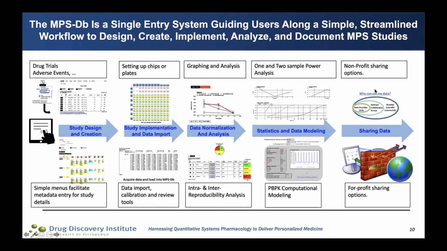And we have two models for sharing data. We have our public database, in which the data providers get to control when and how the data is shared and to whom it's shared. And then we have a version that's targeted for for-profit companies where they want to keep their data proprietary and they prefer to have the database installed behind their firewalls.